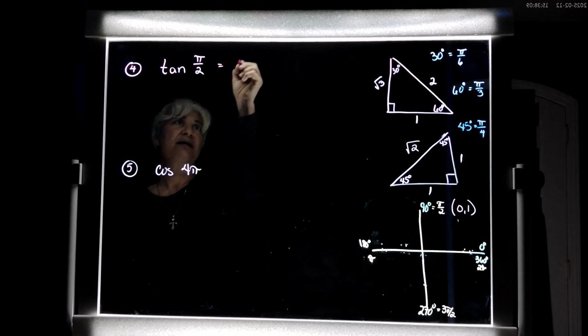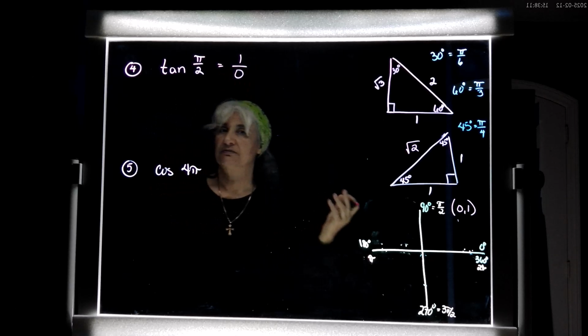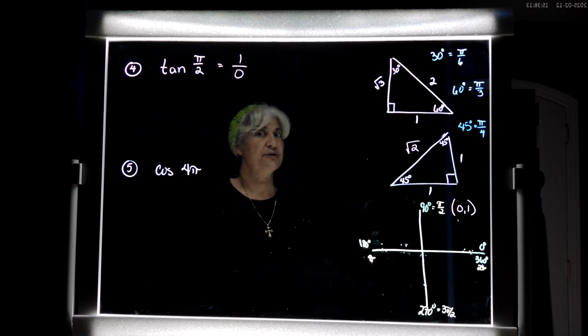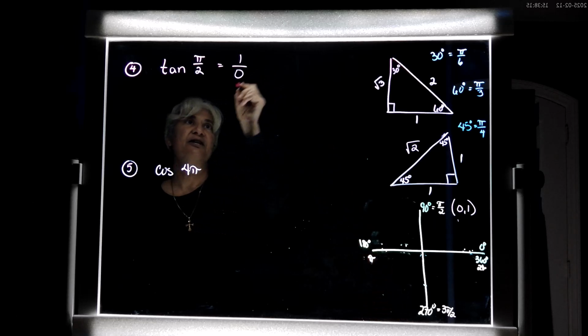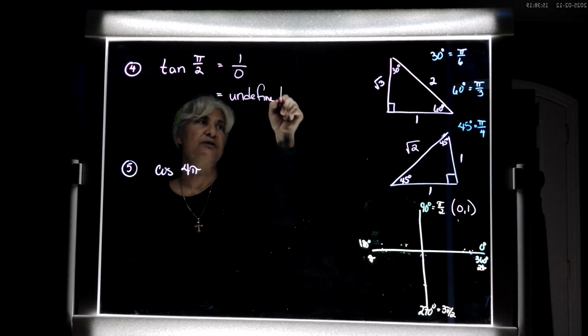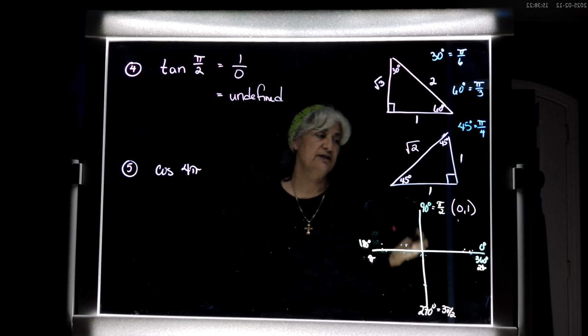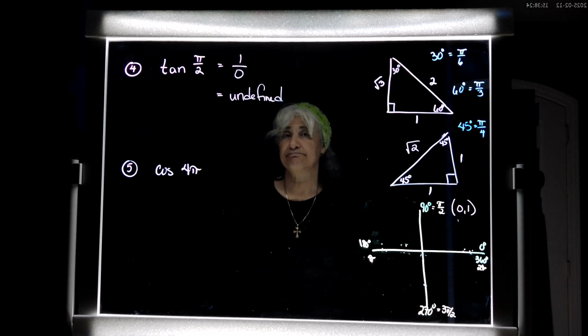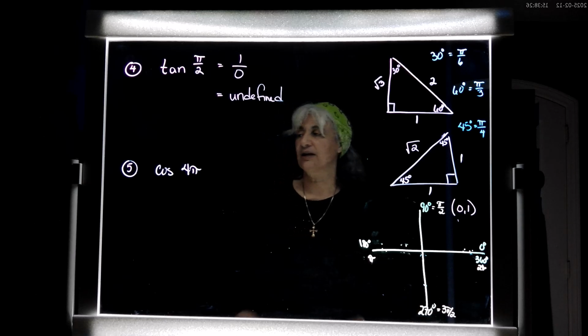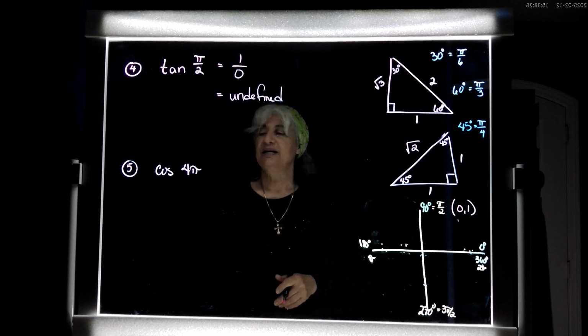So in this case, it would be 1 over 0. Well, 1 over 0 is what? Yeah, undefined. You can't divide by 0. It doesn't work. It blows everything up. So the tangent at pi over 2 is undefined. Good? Like, that was easy. Yeah, that one was easy.